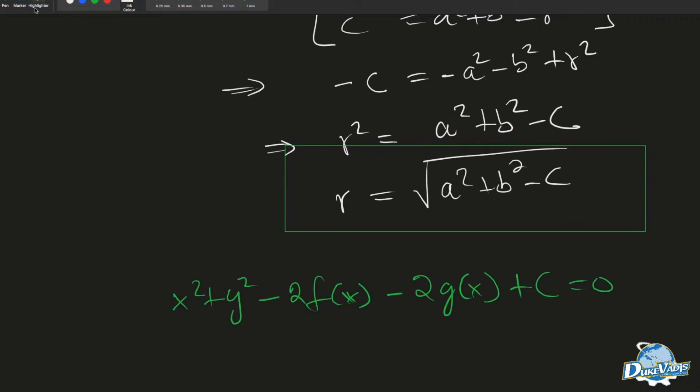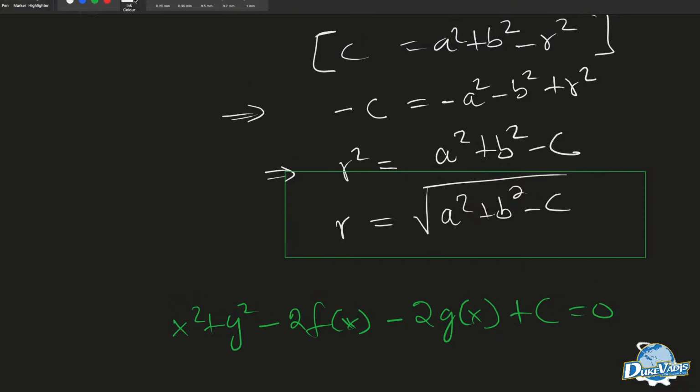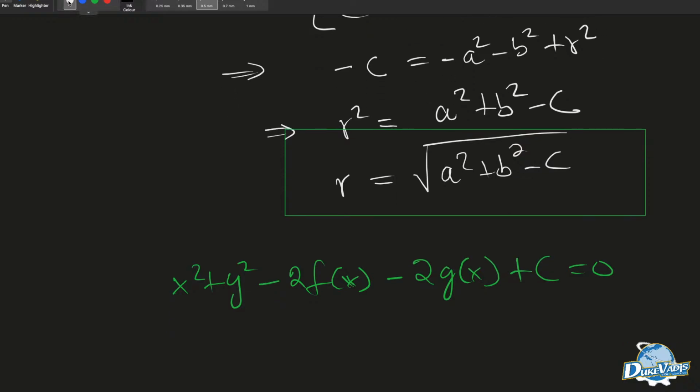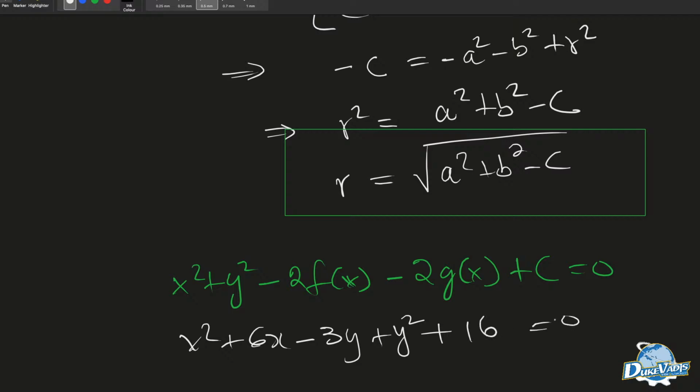Okay, so say I have a question that I'm supposed to solve like this one: x squared plus 6x minus 3y plus y squared plus 16 is equal to 0. All I have to do is to compare these equations.